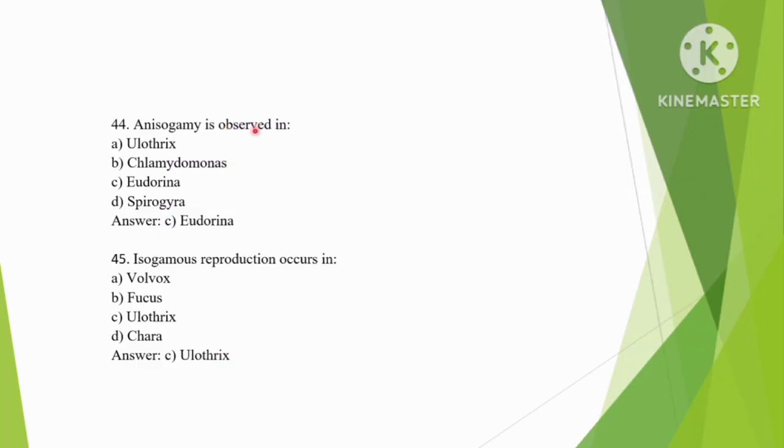Anisogamy is observed in Eudorina. That is fusion of morphologically dissimilar gametes. Isogamous reproduction occurs in, right answer is option C, Ulothrix. They exhibit isogamy where both the gametes are morphologically and physiologically similar.